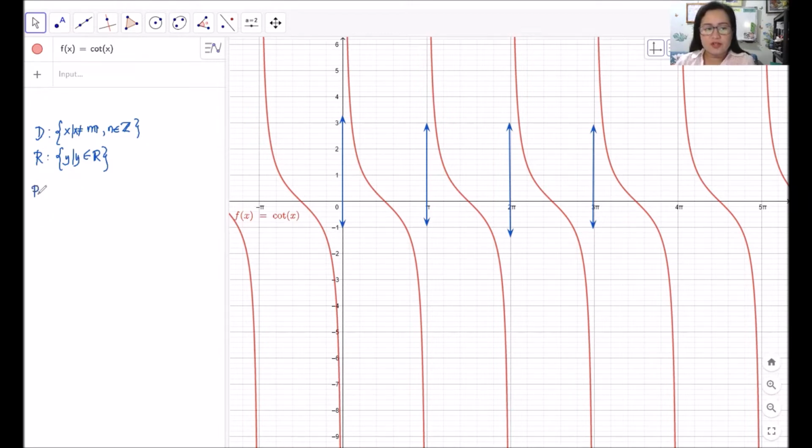Now for the period, from 0 we can get a complete cycle from 0 to pi. Therefore, the period of the cotangent function is pi. In the interval 0 to pi, there is one complete cycle, so the frequency in this interval is 1.